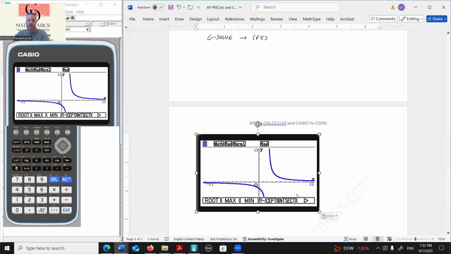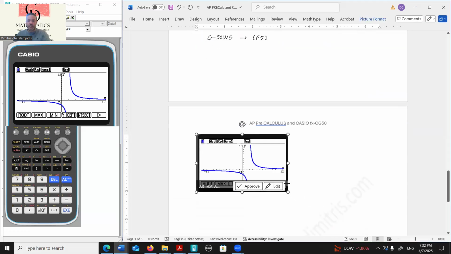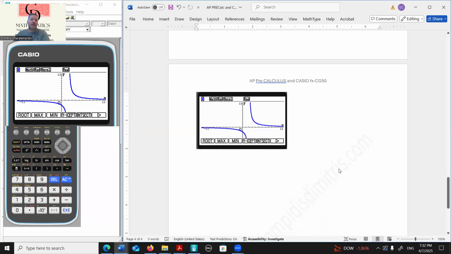The command list goes as follows: root, max, min, y-intercept, intersect, which stands for intersection. Remember that we need the zeros. So in order to get the zeros, we will need to click on root. Zeros is also equal to roots.